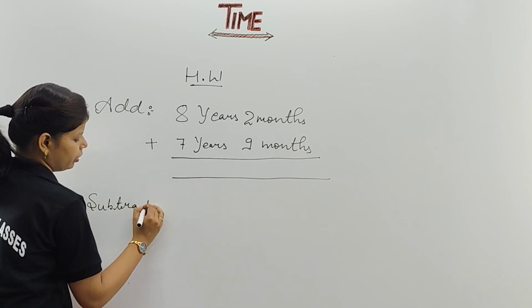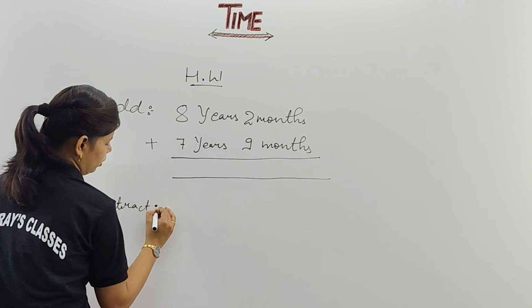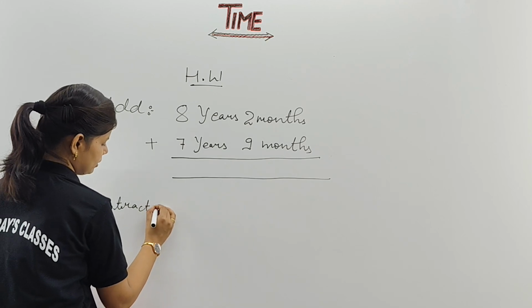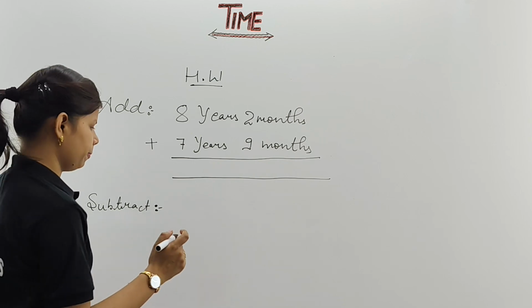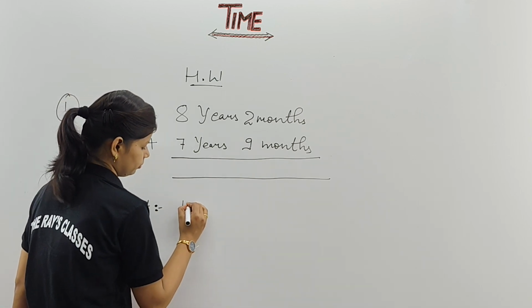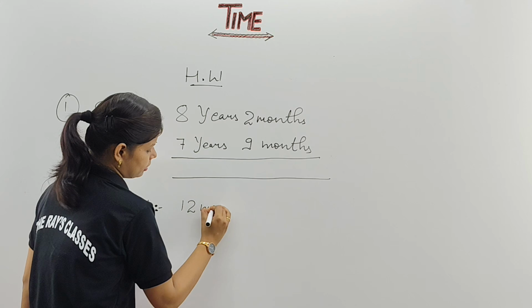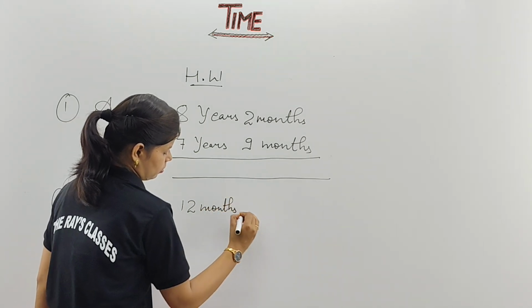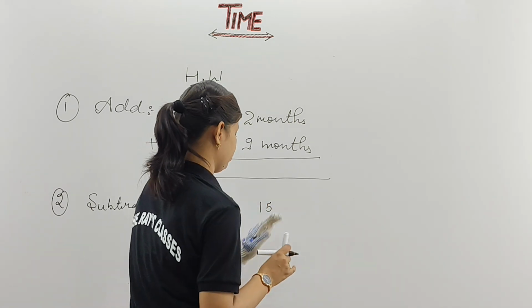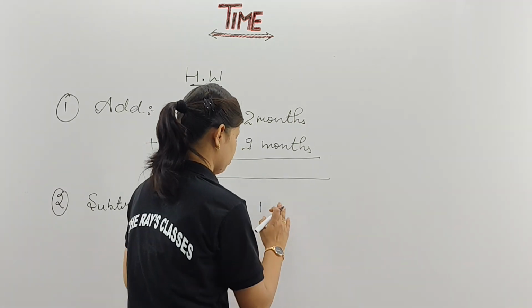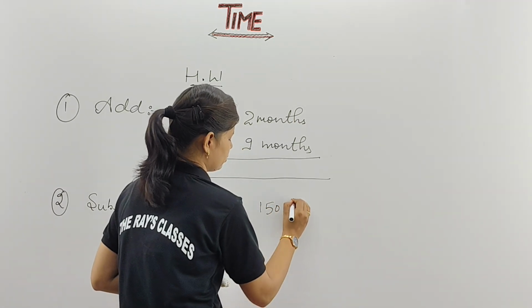More worksheets I will provide you as much as possible. I will just discuss. Otherwise, if you have a query, you can post it in the comment section as well. Next you will write 12 months and 150 days.